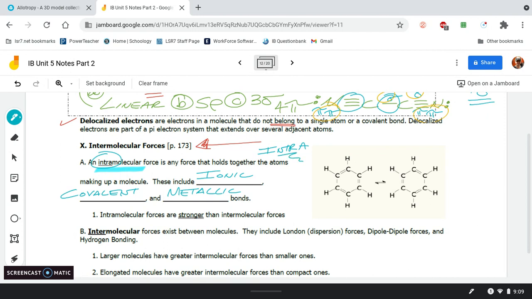These are actually inside of the molecule, and so they're actually connecting things inside of the molecule, and so intra is actually inside, and so that might be a good thing to write down.